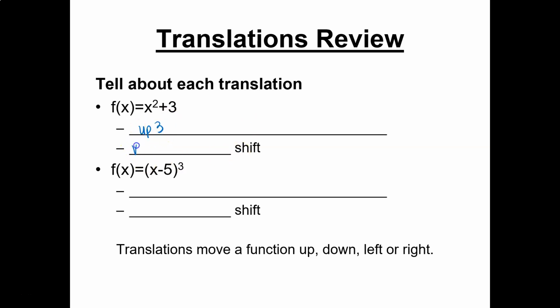This is a vertical shift, and we remember that it goes the direction you think it should go. CB, what about (x minus 5) to the third? That's a cubic. What's going to happen to that cubic? It'll go to the right 5. Anything inside the parentheses goes in the opposite direction, and this is a horizontal shift.